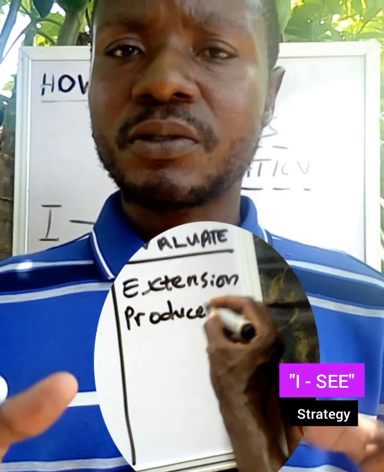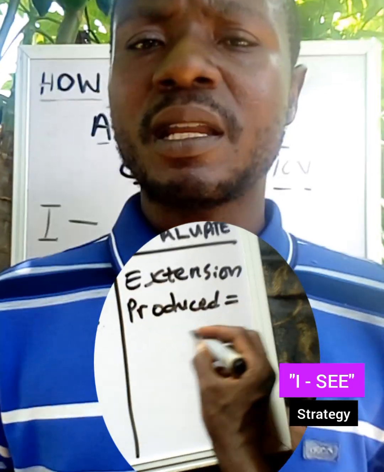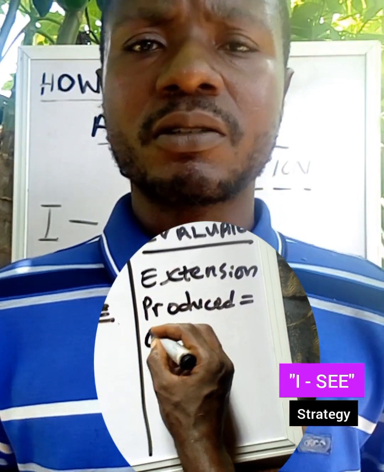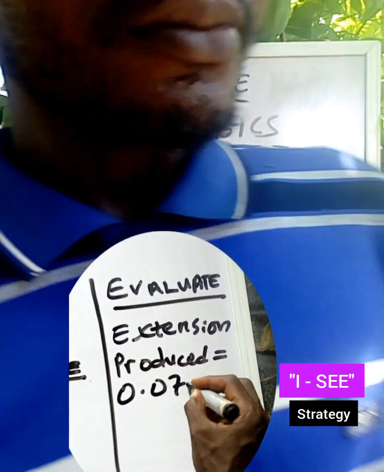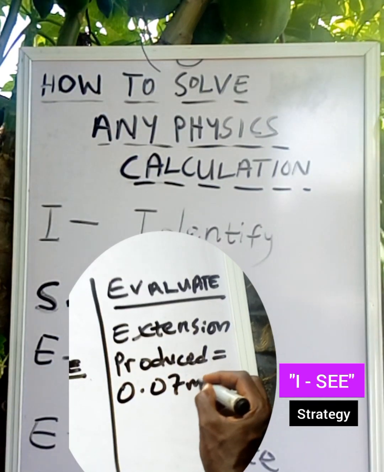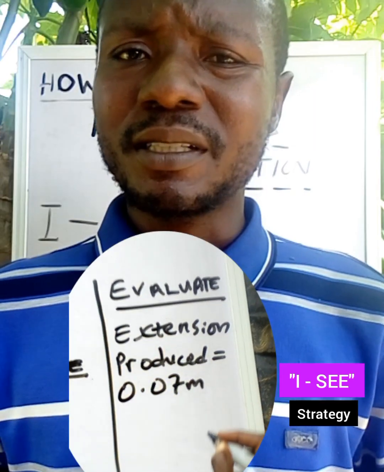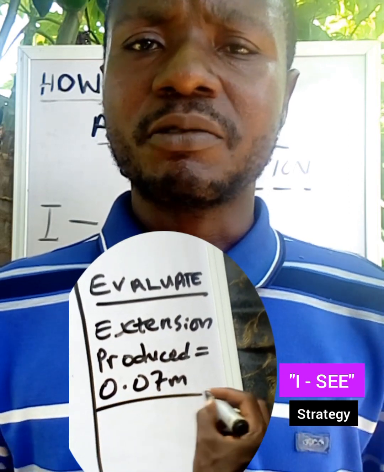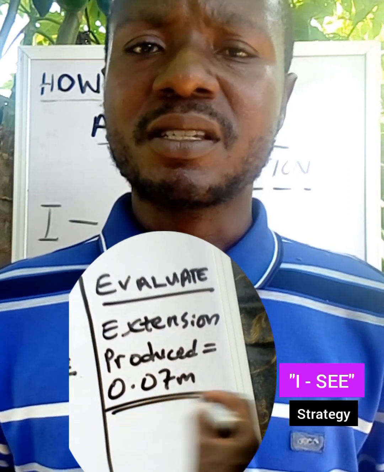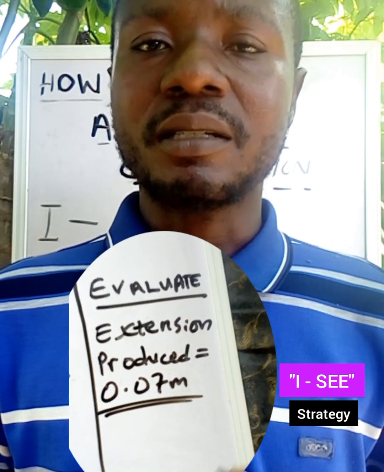For example, if our answer is negative, it means that the answer does not make sense, because the measurement of an extension can never give us a negative value. Since our calculation is positive here, it means that our answer makes sense. That is what we do under the evaluate step.